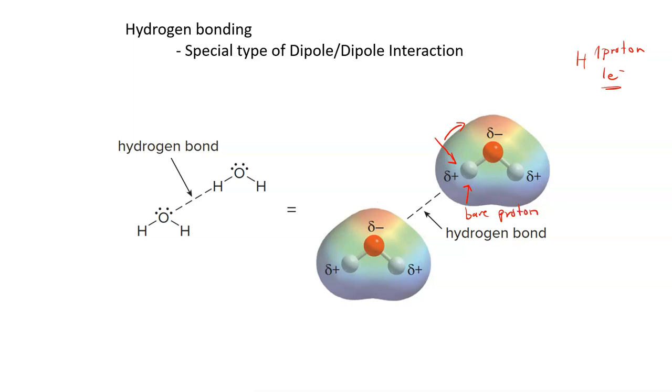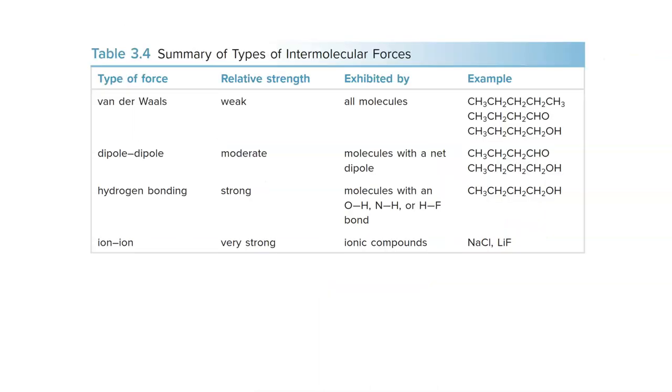That makes it very enticing for negative charge to be attracted towards it because it's essentially a proton that's unshielded, and so there'll be a really large attractive force. Those hydrogen bonds are quite a bit stronger than just a normal dipole-dipole because of that bare proton when we're talking about hydrogens. So this is a special type of dipole-dipole that just has a little bit more strength to it.